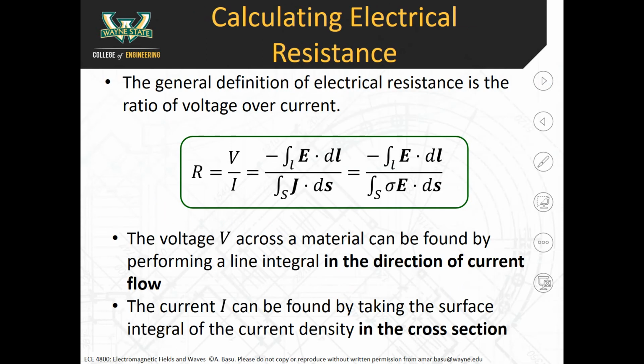So now we're going to do problems in calculating electrical resistance. So imagine that you have a material and you want to calculate a formula for the resistance. Have you done this type of thing before in circuits 1? Did you learn a formula like R is equal to L divided by sigma A? You did?